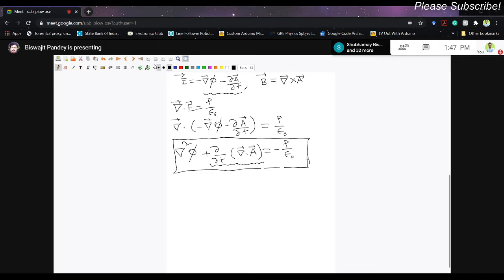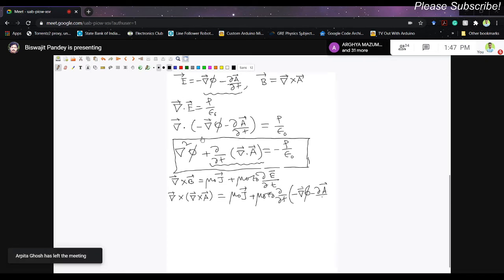Similarly, let us take the modified Ampere's law, curl of B is equal to mu 0 J, and put E and B there. B is curl of A, so I write curl of curl of A equal to mu naught J plus mu naught epsilon naught del T of minus grad phi minus del A del T, which we obtained a few minutes back. Then simplify curl of curl of A from vector calculus.